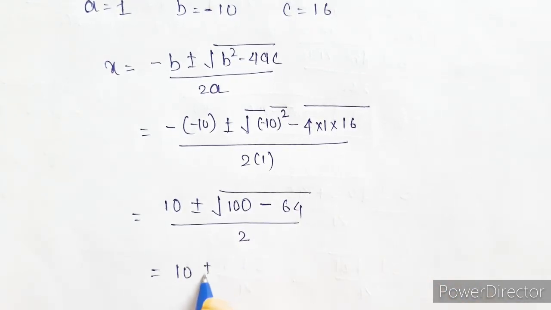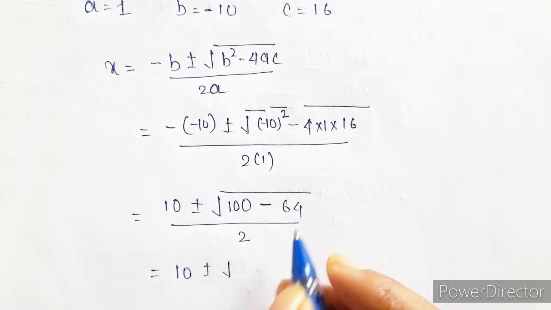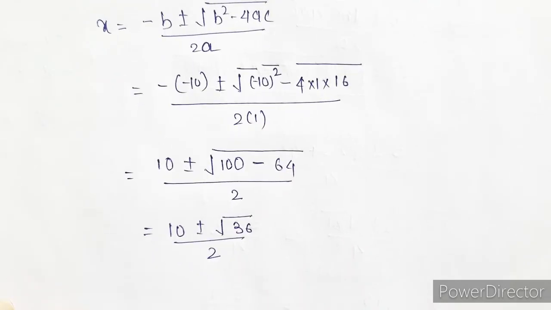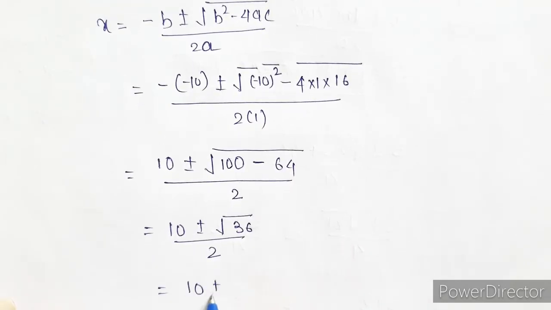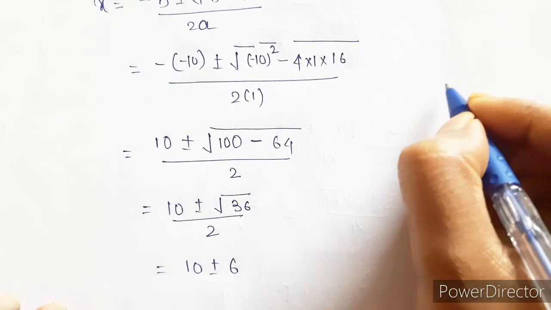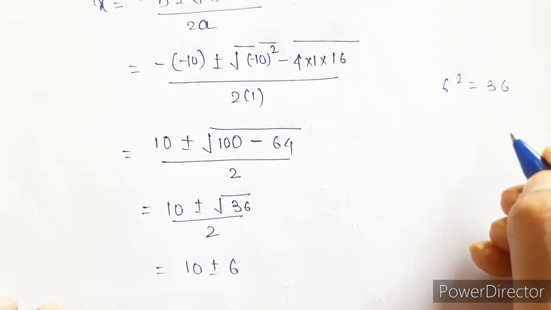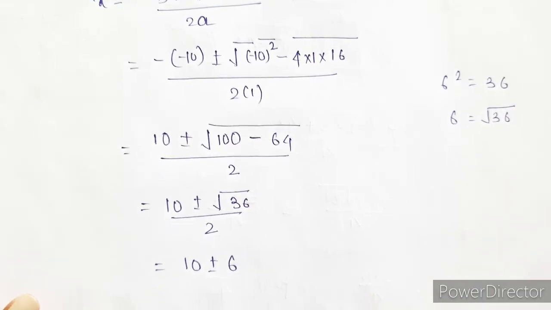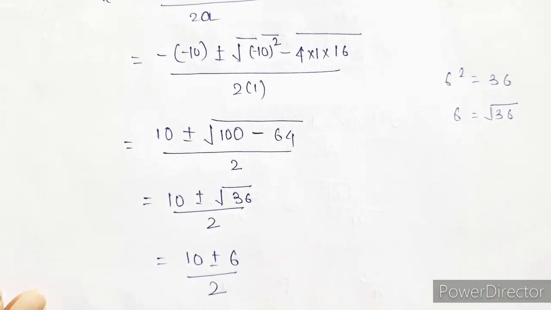So again simplification, 100 minus 64 is going to be 36 upon 2, and the square root of 36 is nothing but 6, since 6 square is 36. So the square root of 36 is going to be 6 divided by 2.